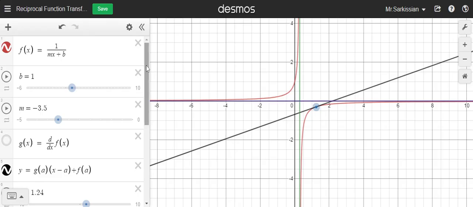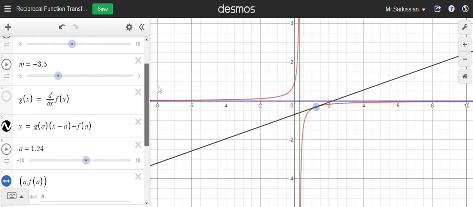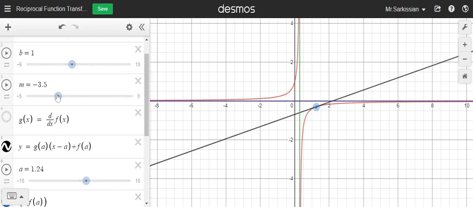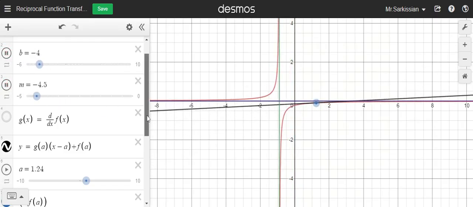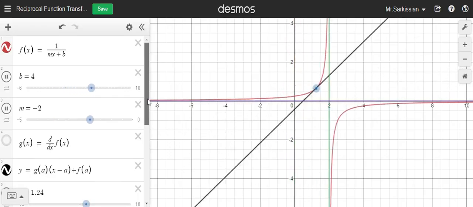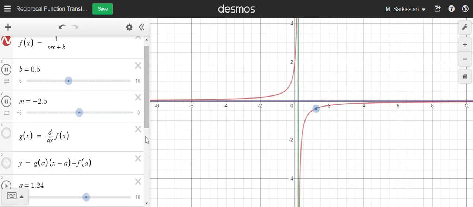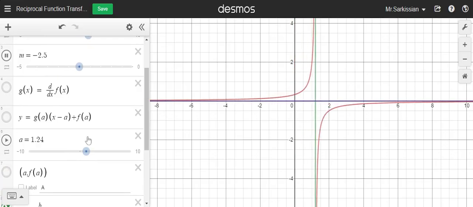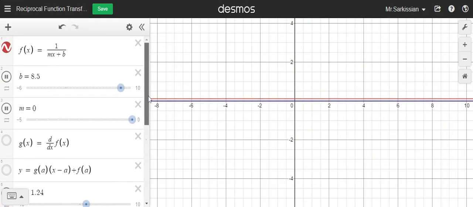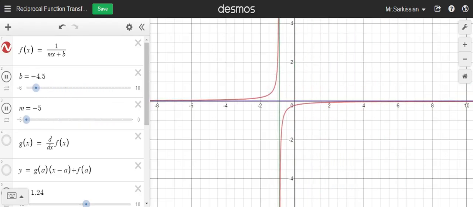Now, just to show what is going on in terms of the shape of the graph for different values of m and b, let's change both of these factors and see what is happening here. I can, of course, get rid of the equation of the tangent line and the point of tangency, and then you can only see the graph of the reciprocal function and see how it changes.